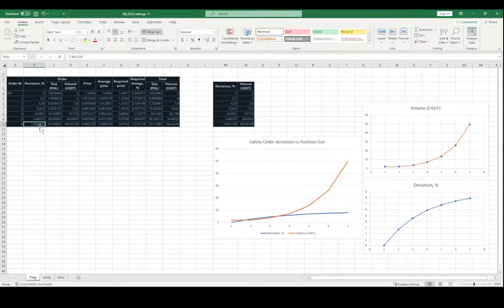And that's usually enough then to exit. The required change is only 1.2% from that point. It's risky, right? So running this on futures is risky. Running this on a bad coin is risky because we are accumulating quite a large volume.